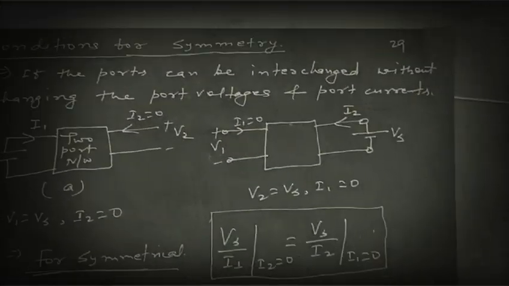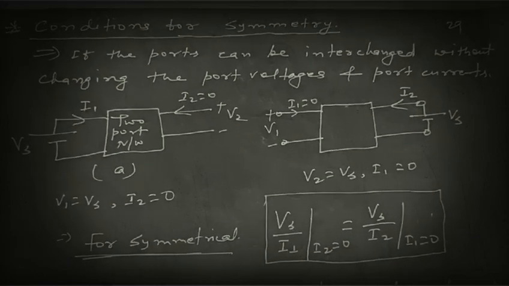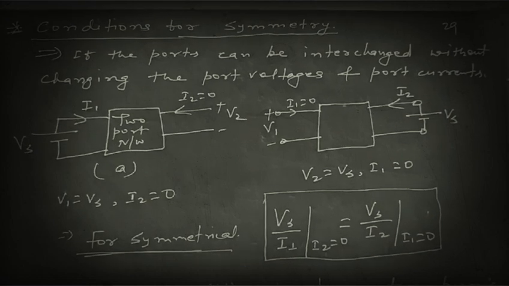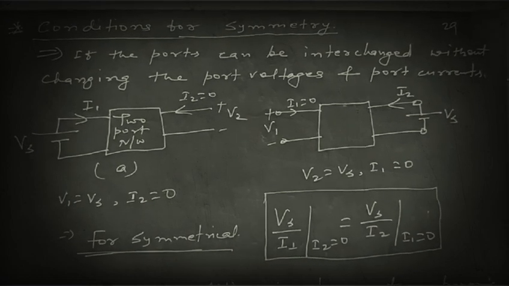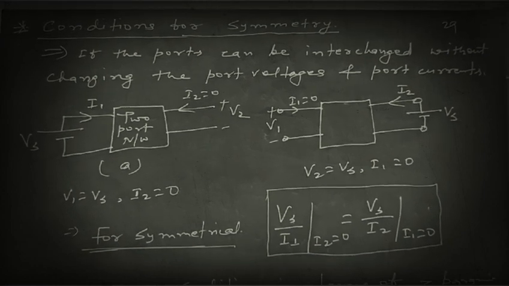Next is the condition of symmetry. We have completed the condition of reciprocity. Next is the conditions for symmetry. So we see that if the ports can be interchanged without changing the port voltages and port currents, then networks are said to be symmetrical.